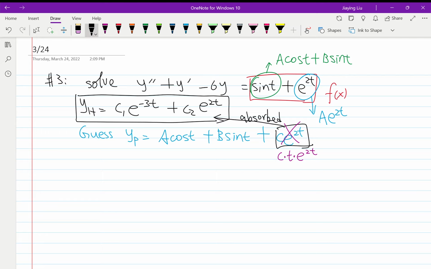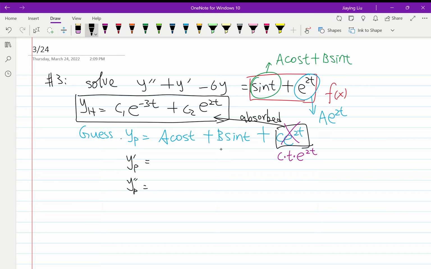I think number two, if you were to follow this approach, eventually when you guess a particular solution, it shows up in the homogeneous solution, so you have to multiply by x in number 2. And from here, we're going to have to find the derivative of this particular solution, and then find the second derivative of this particular solution, and I'm going to let you do the work.